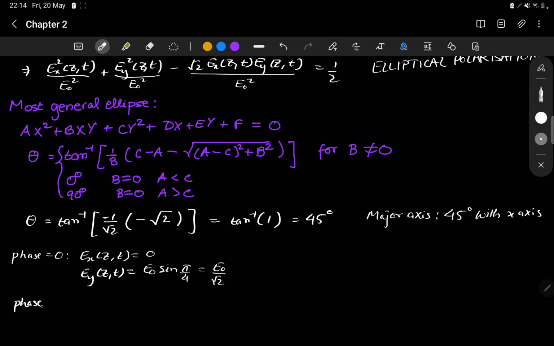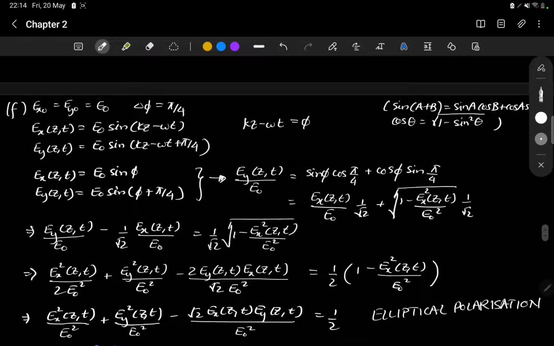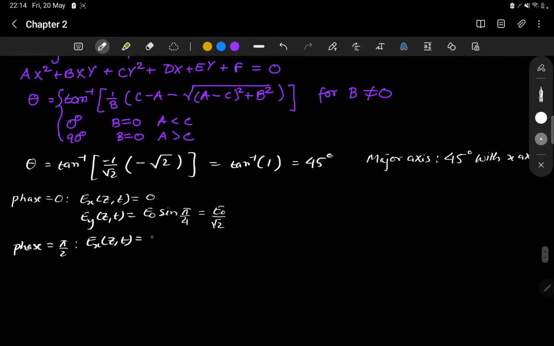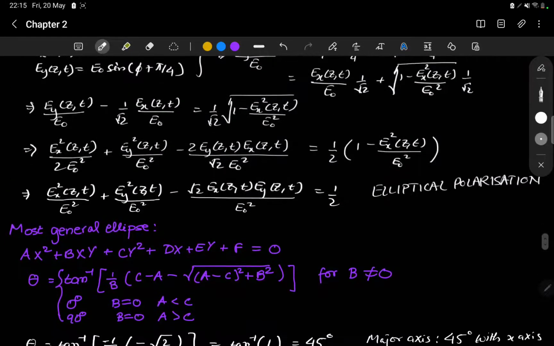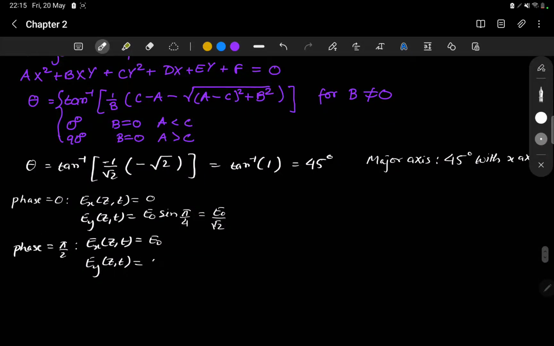Then at phase equals to pi by 2, we have Ex equals to E naught and Ey is equal to E naught sine pi by 2 plus pi by 4, which is equal to E naught cos pi by 4, which is equal to E naught over root 2. So let us draw this ellipse.